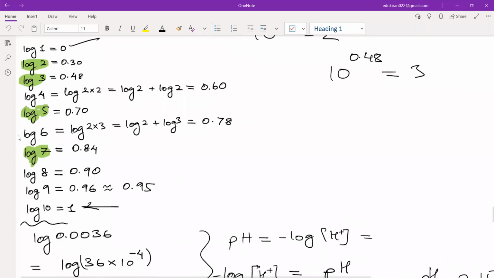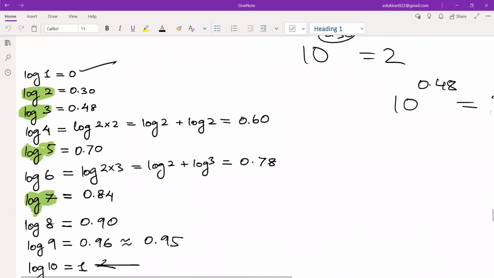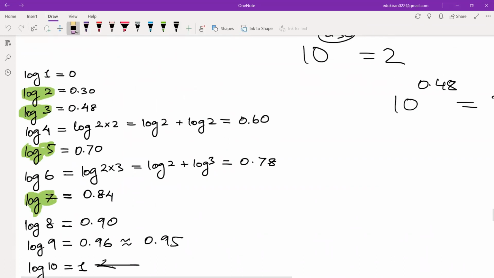So you see here log 1 to 10, yes or no? Can you see? Yes, sir. Now you see the differences. What is the difference between log of 0 to 0.3? The difference is 0.3, yes or no? Then the difference is how much? 0.18, correct? Yes, sir. And from 0.3 to 0.48.